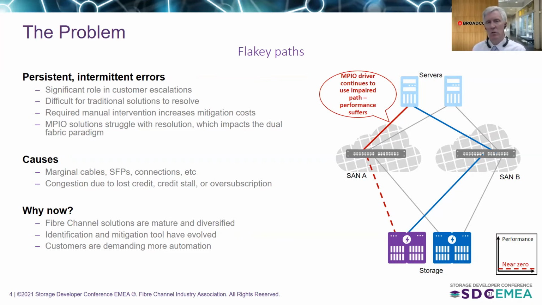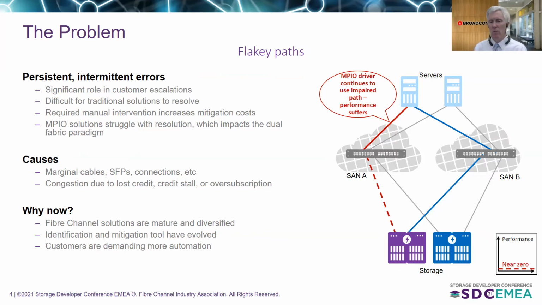Furthermore, the solutions themselves have become much more sophisticated at being able to identify and notify administrators of these issues. The problem is that these particular tools have not been integrated in a standard fashion in order to provide the end components with the ability to make better decisions about the issues that are occurring in the fabric.